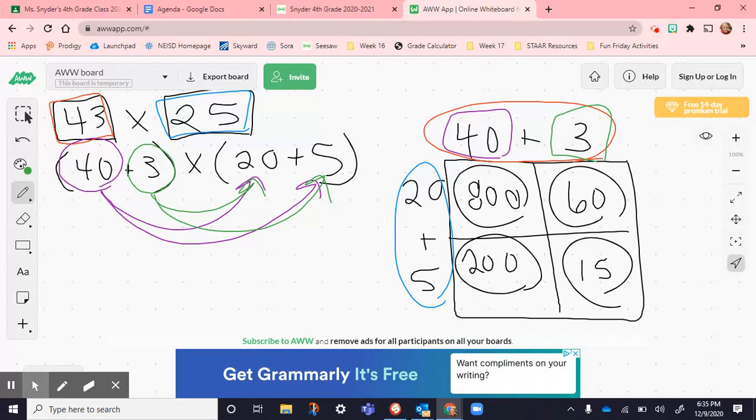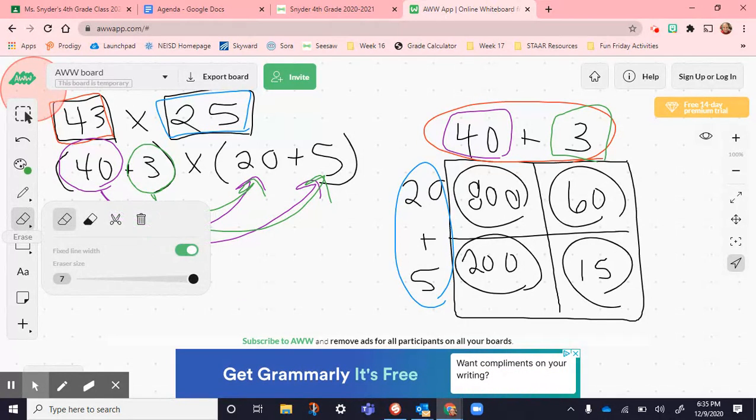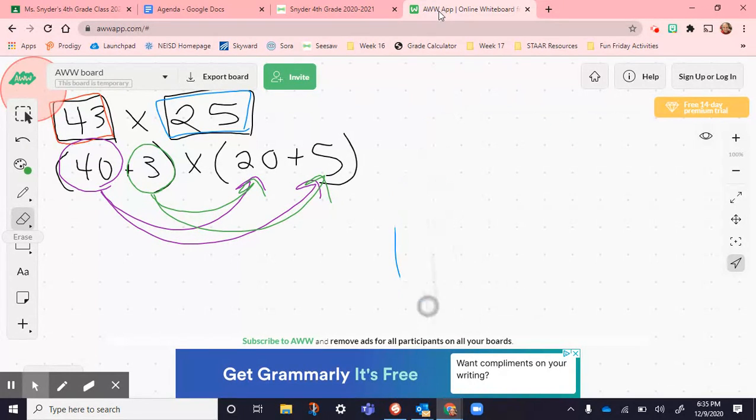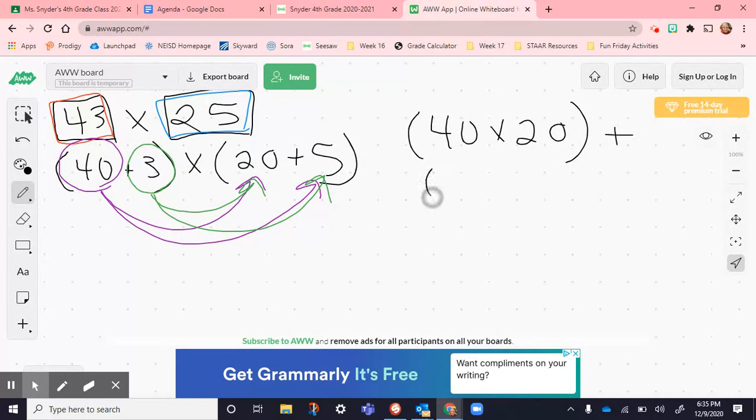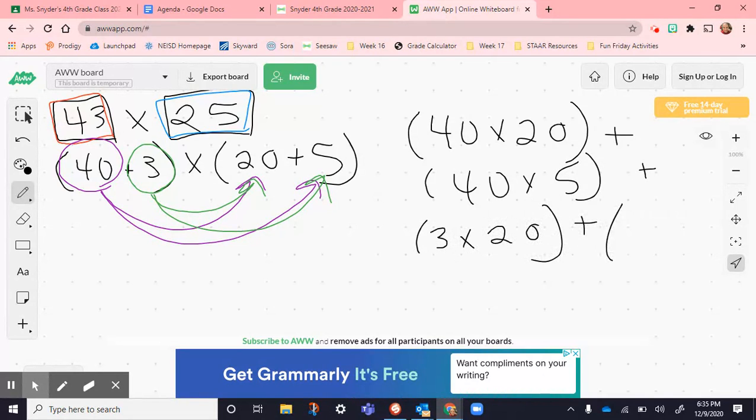And as you get higher and higher up in your math, you'll start representing it even more different ways. So it would be like, in parentheses here, 40 times 20 plus 40 times 5 plus 3 times 20 plus 3 times 5.